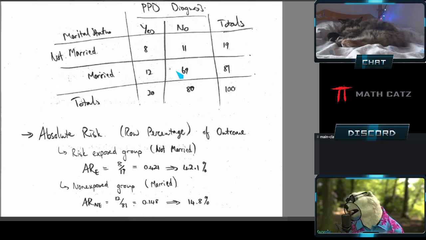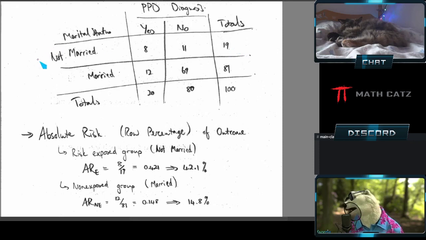So if I look at my table here, I know that from the married group, if I select a random person from this 81, there's a 14.8% chance of getting someone with postpartum depression. That's just the probability of it. But if I select someone from the not married group, from this 19, there's a 42% chance.